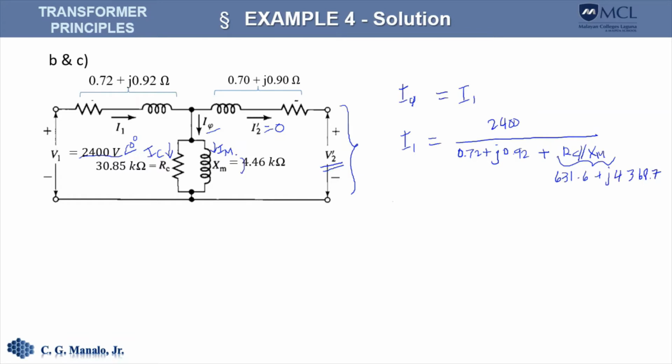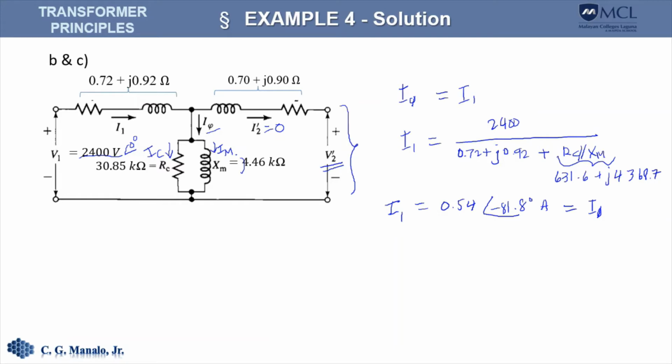So therefore, if we compute I sub 1, that will give us 0.54 at a phase angle of minus 81.8 degrees amperes. Okay, so this is also our exciting current.